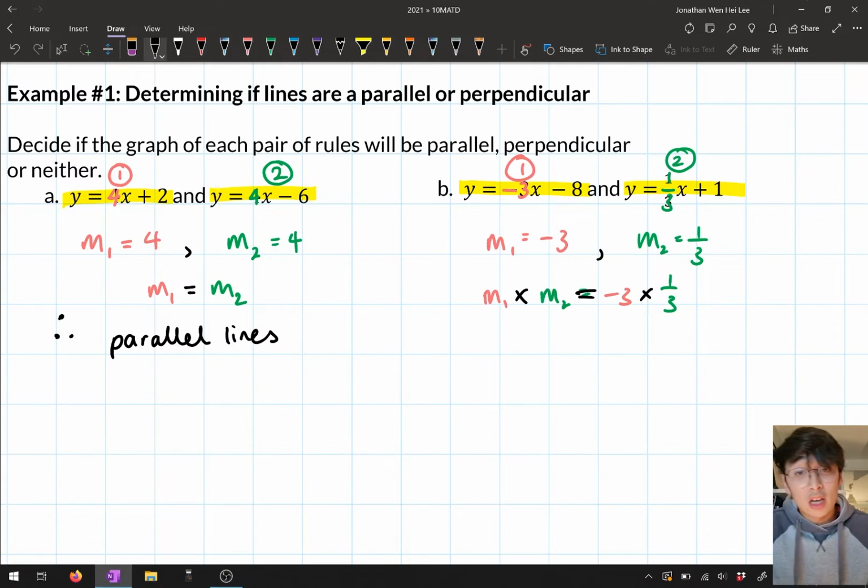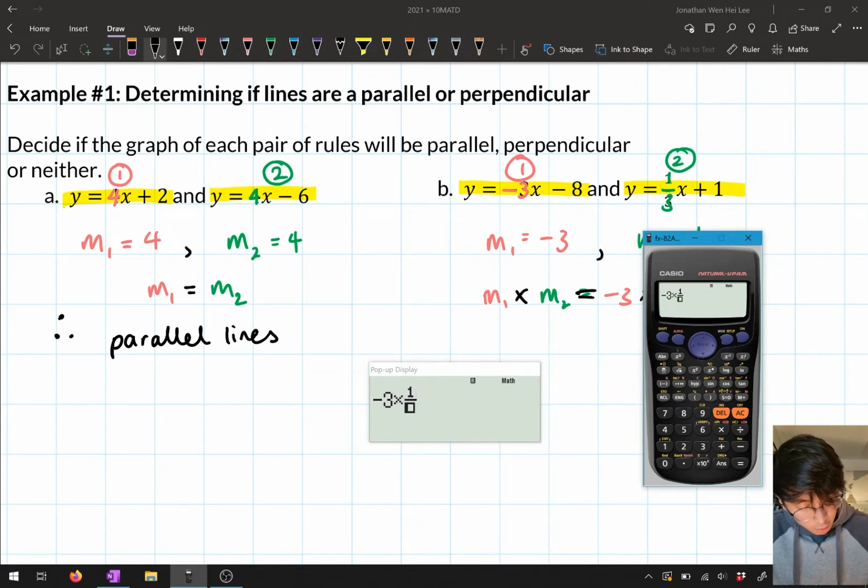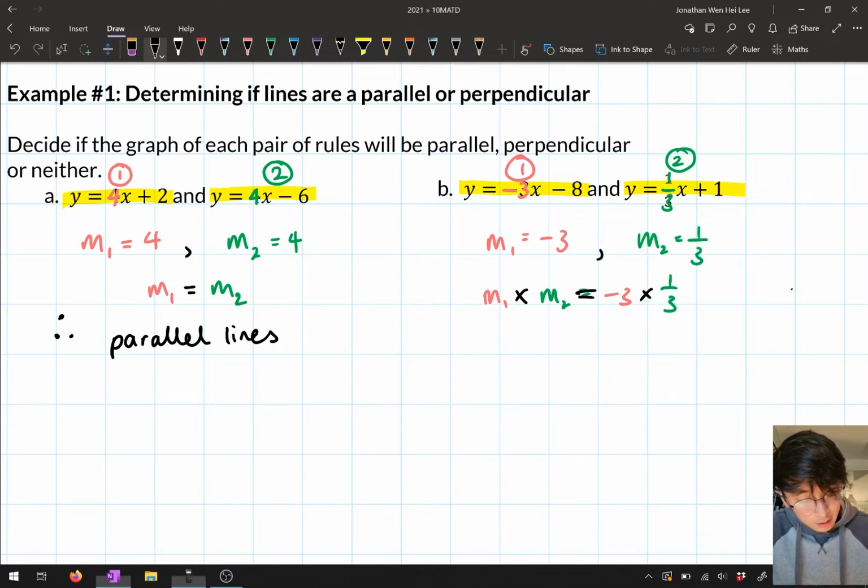If you're not sure how to do that, you can chuck this in your calculator. Negative 3 times 1 over 3 gives me negative 1. Excellent. Now if my two gradients multiply to give me negative 1, that means that they are perpendicular. So I can say these are therefore perpendicular.